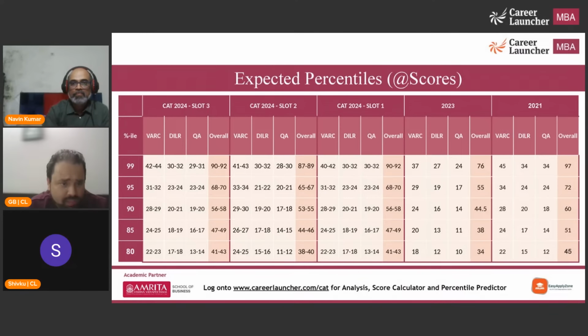A 99 percentile in slot 3 might be close to a 90 to 92 mark, very similar to slot 1. DILR hovering around 28 to 30, quant around 29 to 31, and VARC around 42 to 44. So that's what we feel in terms of cutoffs.